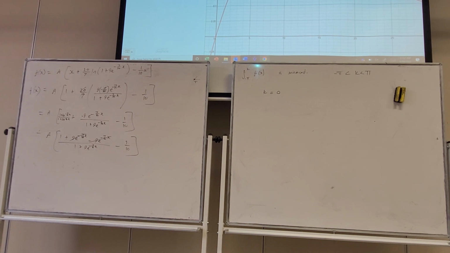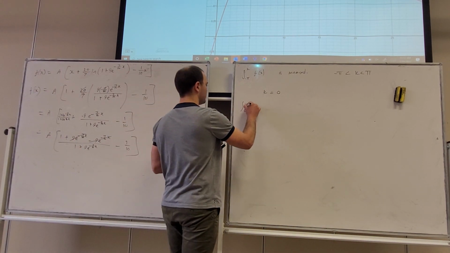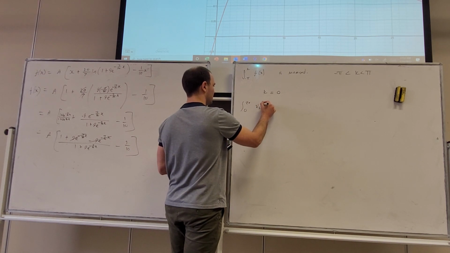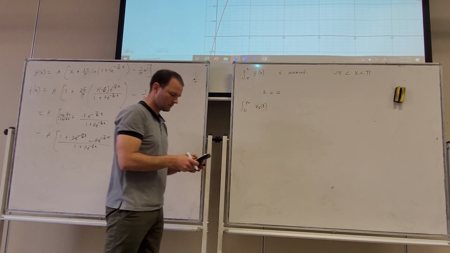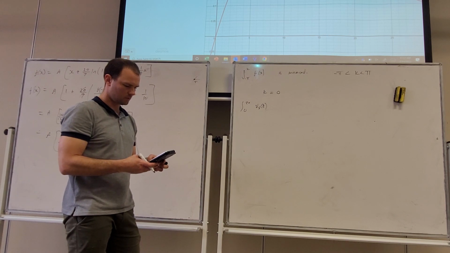So 0.09 x e to the, so that's the area under the curve from 0 to 20. What am I doing, guys? Integral from 0 to 20 of v of t, v of Sergi, integral 0 to 20.